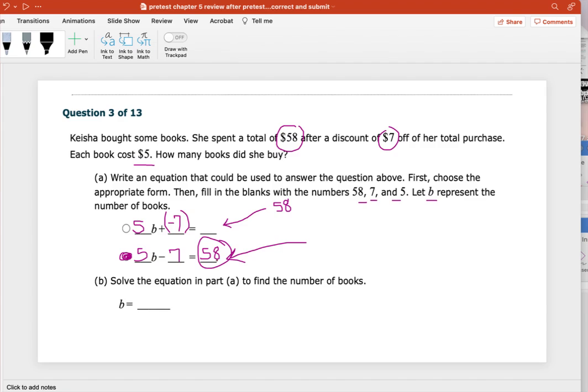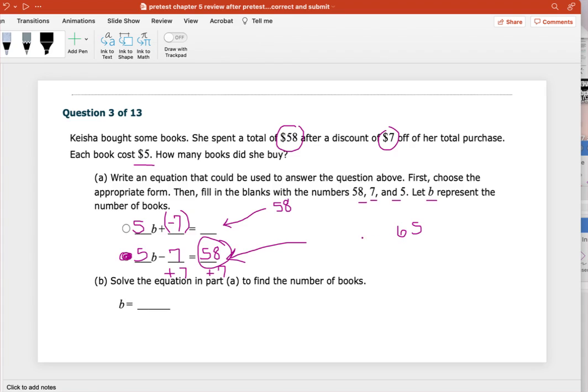Okay, so now we have this equation, and we did use 58 and 7 and 5. And now solve the equation that we just came up with to find the number of books. So remember, we want to get b by itself. We want to add 7 to each side to get the variable term by itself. 58 plus 7 is 65.